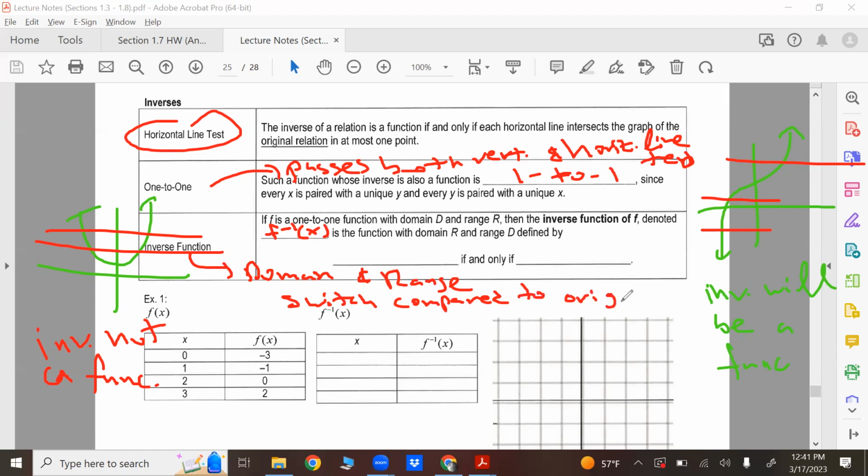I'm not sure what's meant by the statement below, so I'm just going to cross it off. But the one thing you do need is that the domain and range are switched for inverses compared to the original function, as they should be, because x and y are switched.